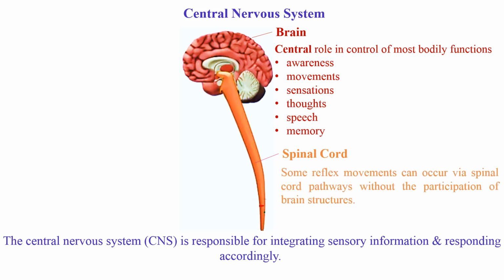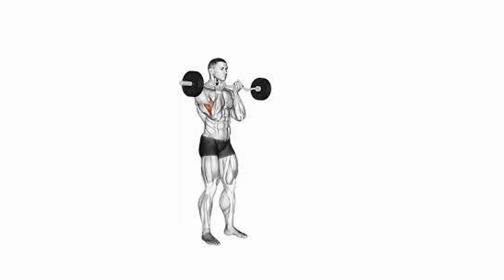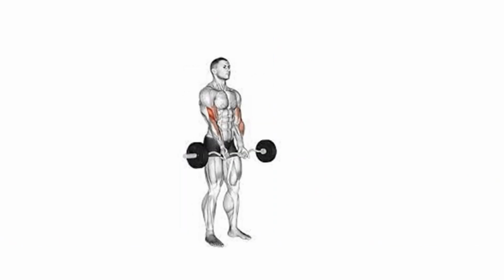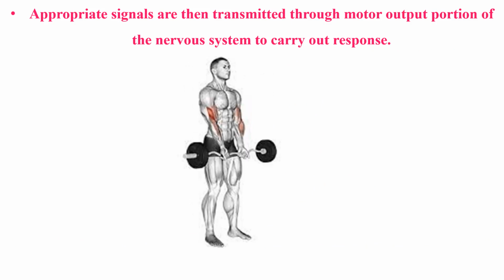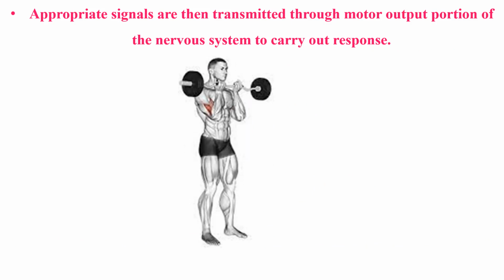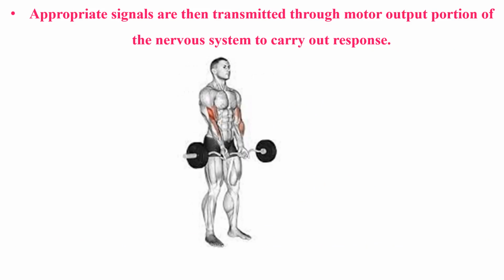Some reflex movements can occur via spinal cord pathways without the participation of brain structures. The information is processed and appropriate signals are then transmitted through the motor output portion of the nervous system to carry out response.